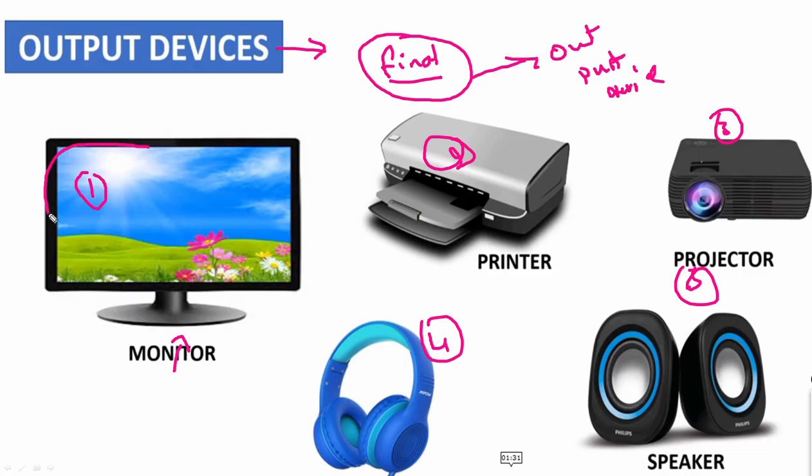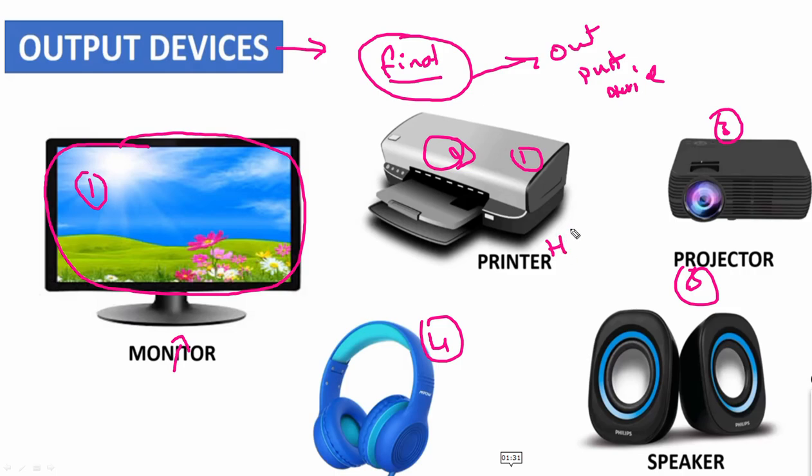On a monitor, it displays the output of whatever input you have given, on the screen. Then on a printer, depending on the input we give, whatever output we get on the computer, we get on hard copy.